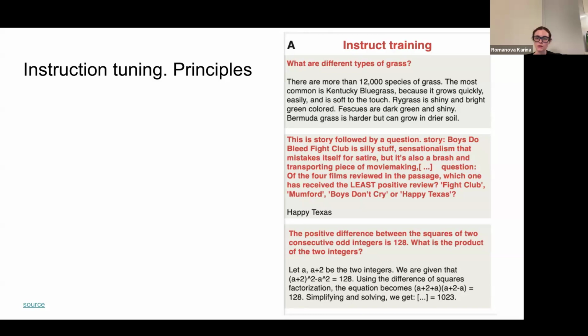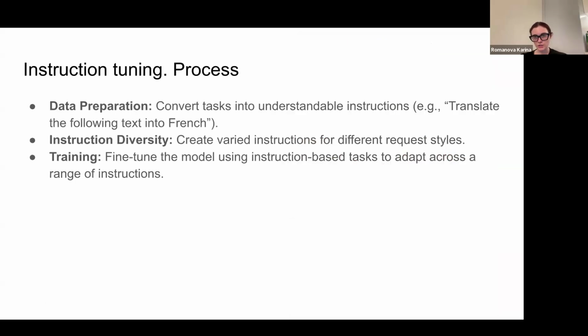Data diversity ensures that models are exposed to a broad spectrum of instructions, which is crucial for robust performance. Iterative refinement enables continuous improvement, allowing models to adapt to evolving user needs and expectations.